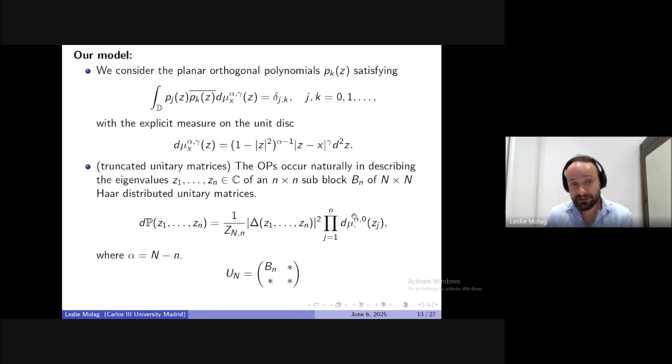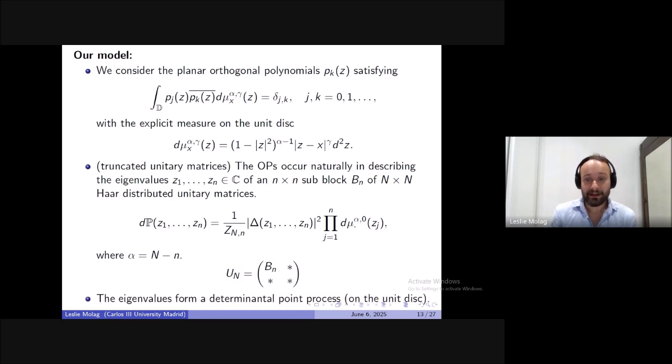If alpha is taken to be capital N minus n, then that describes the truncated unitary matrices, or rather their eigenvalues. And it's also a determinantal point process, but in this case on the unit disk.